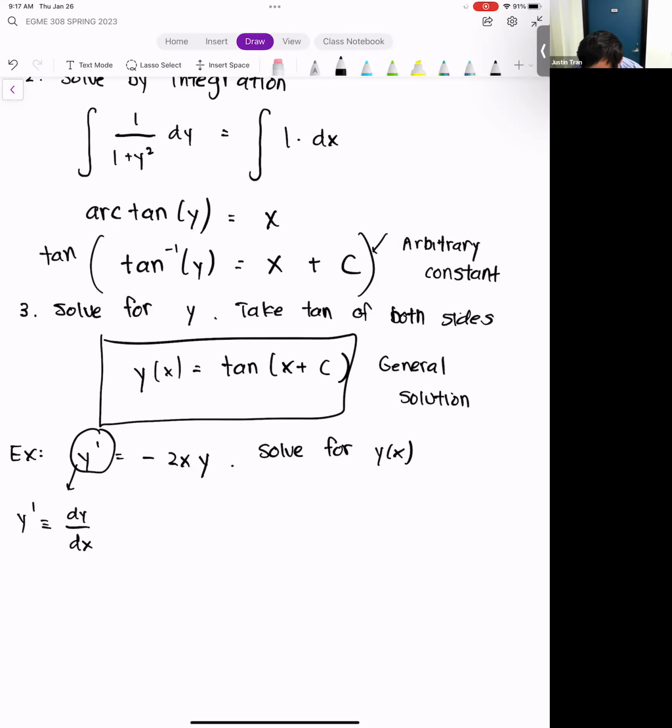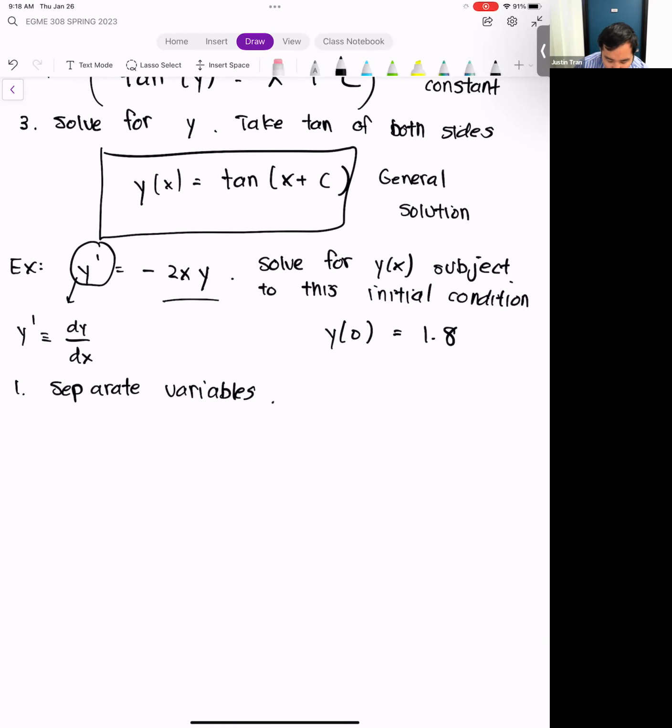In order to do that, we can see we have a 2xy on the right-hand side. So let's divide by y on both sides.